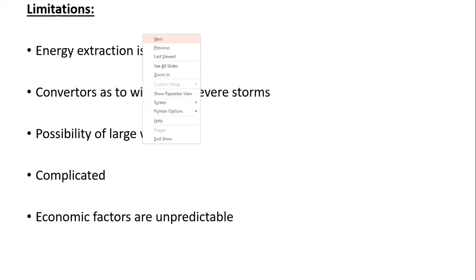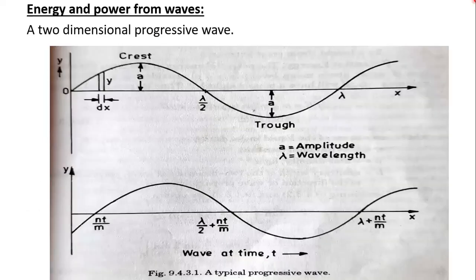Next, what is the energy produced from the waves? We see two-dimensional progressive waves as shown in the figure. Progressive means they go on and do not stop.